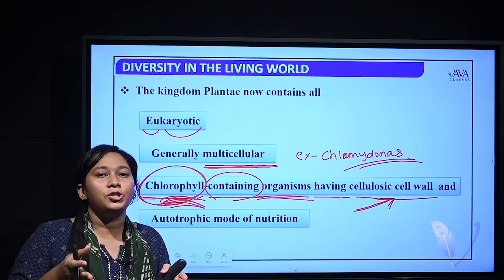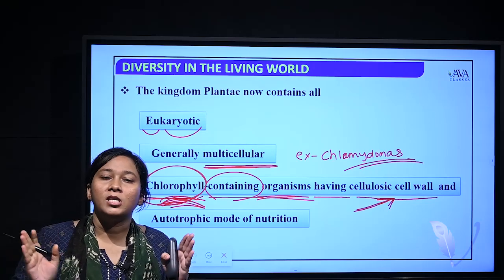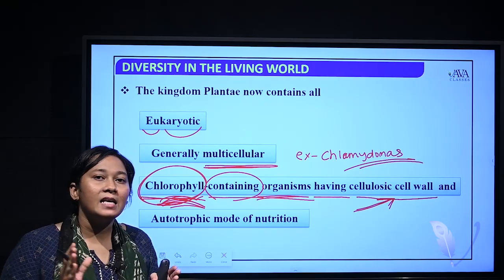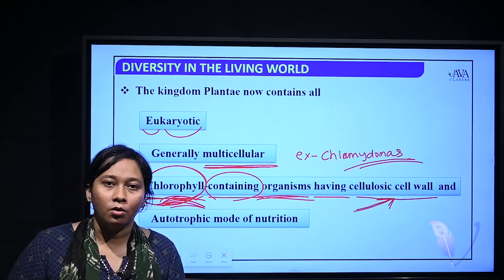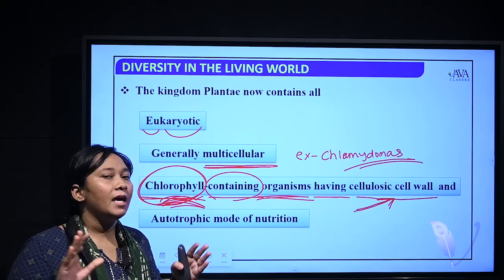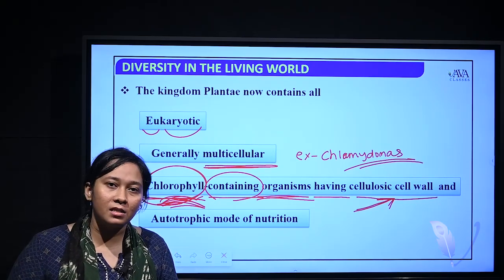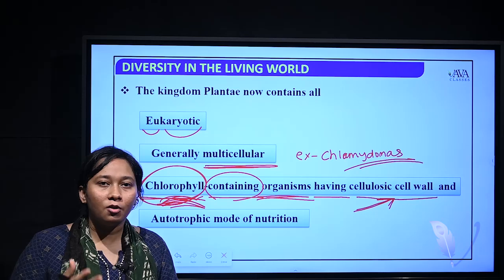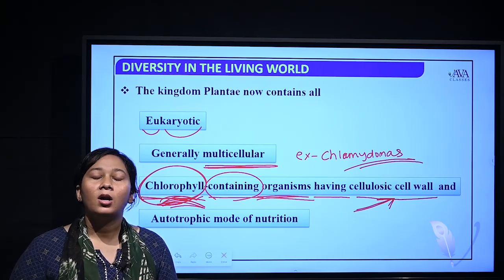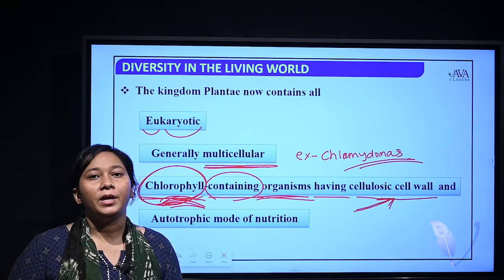All this happens by the process of photosynthesis. As they can prepare their food with the help of sunlight, they do not depend upon any other organisms for their food synthesis. That's why they are called autotrophic organisms.